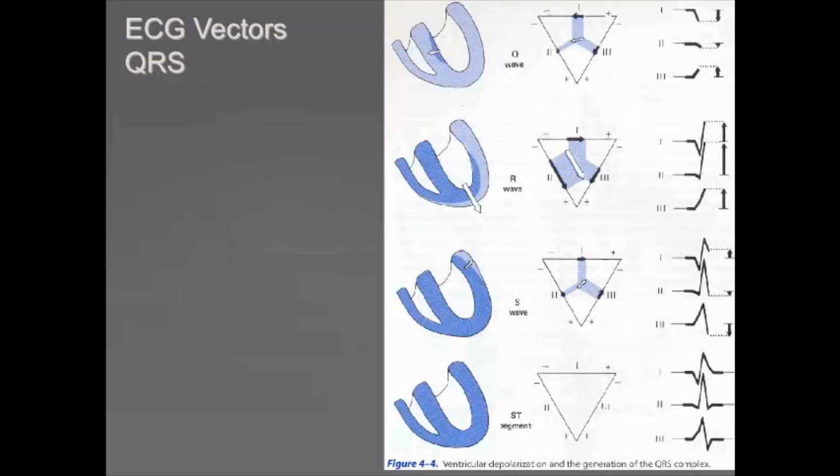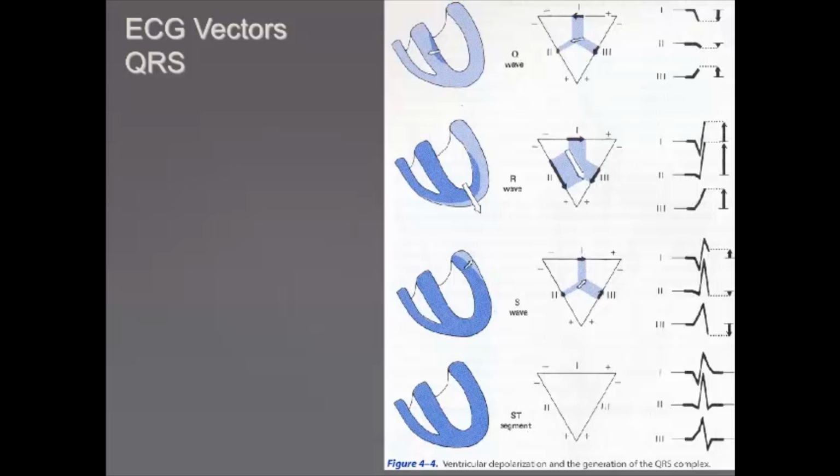Now, moving to this next slide, we're looking at the more complex QRS complex. So this is the next group of waves that we see as we get past the P wave. And the QRS complex starts with the Q wave. Now, the Q wave is represented as a little dip in lead 2.